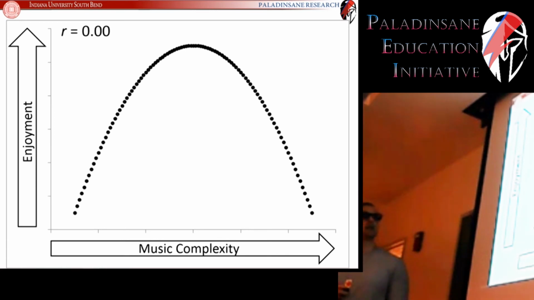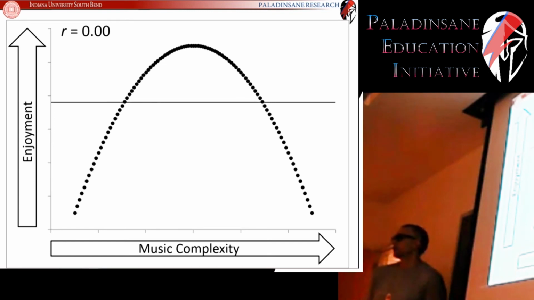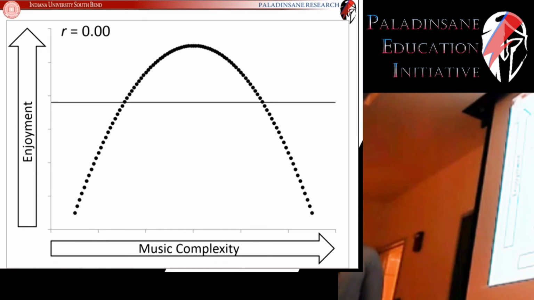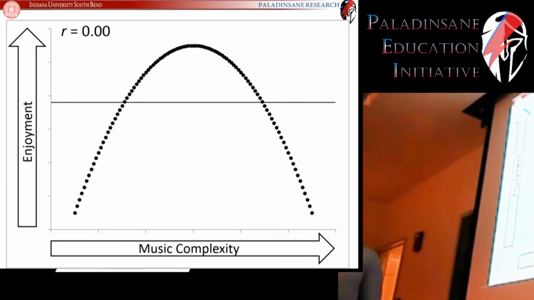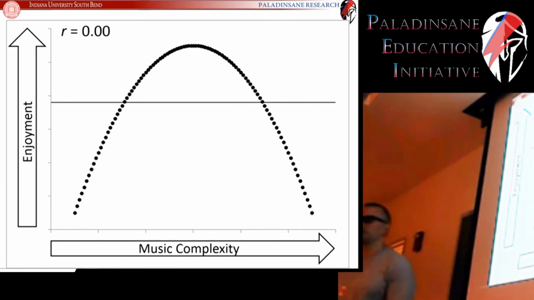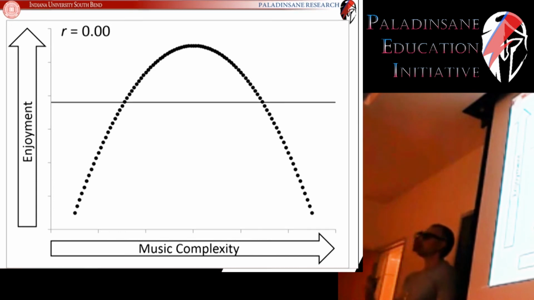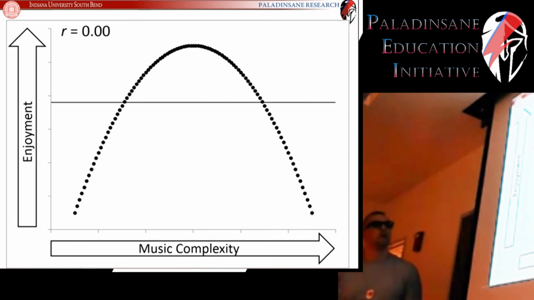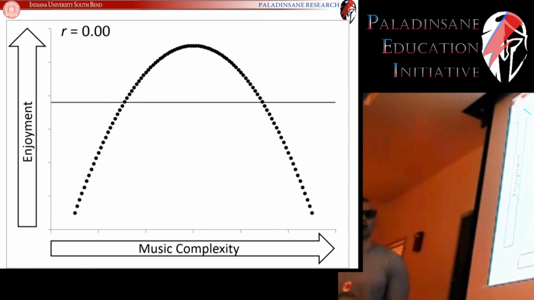It's 0 because this is curvilinear, and you're trying to fit a straight line to a curved relationship. Can't do it. So if you read this, again, you have to do your critical thinking and say, look, that correlation coefficient is low. It makes sense that music complexity and enjoyment should be related somehow. Maybe this person is fitting a straight line to a curvilinear relationship, and that's why they're getting such a low correlation.